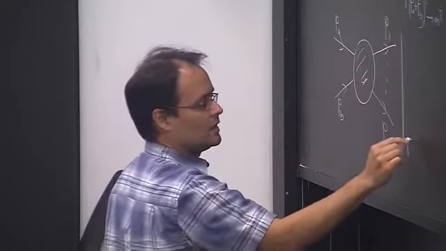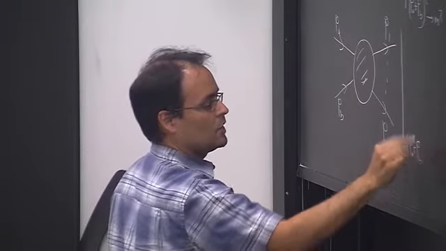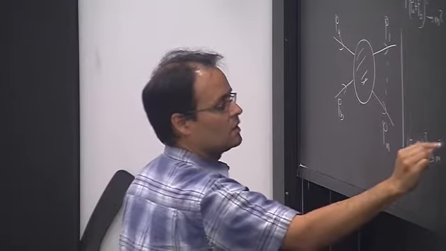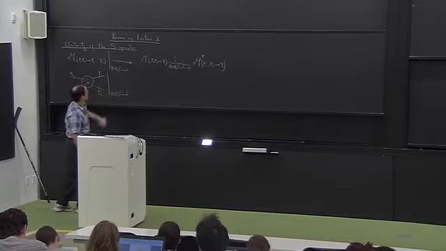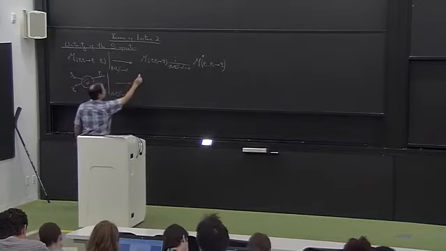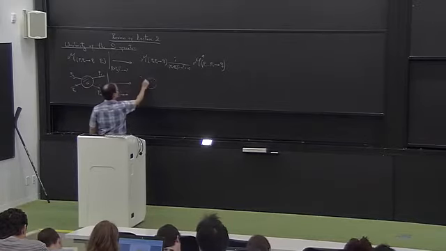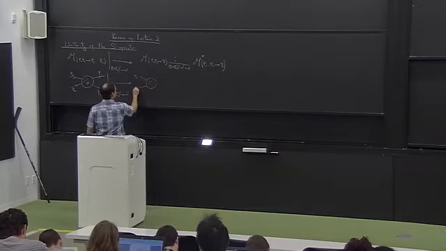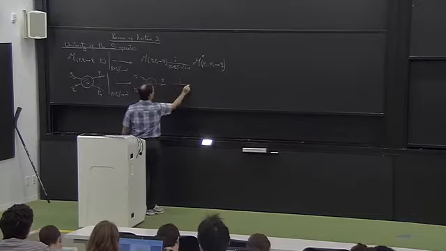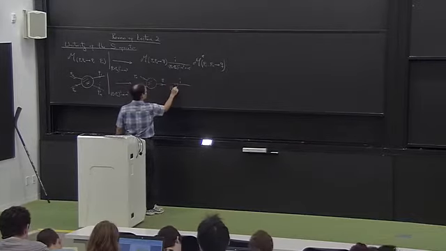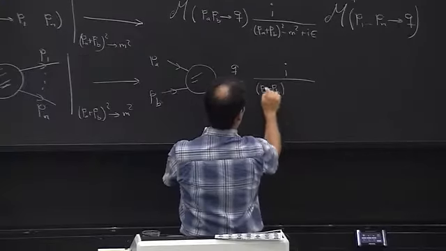So this, in the limit when PA plus PB squared goes on shell, meaning that the value goes to M squared, should look like PA PB going into Q. So we have this strange object here, but which is just a pole.